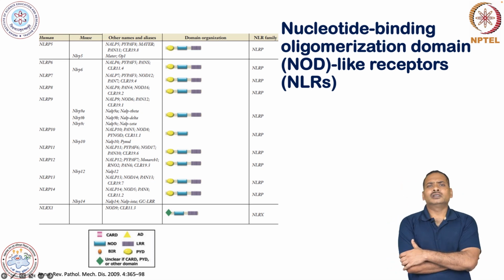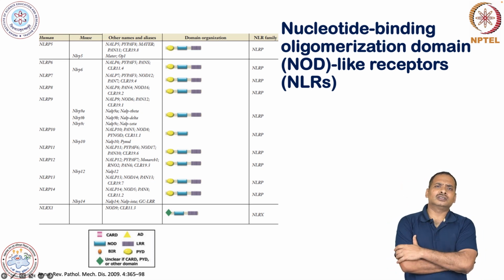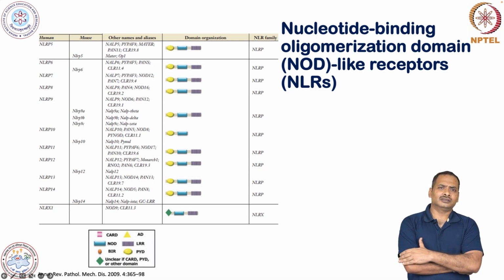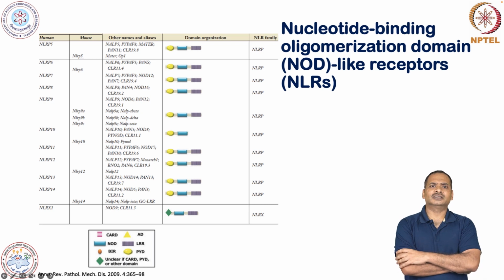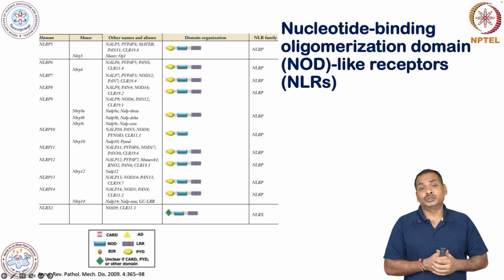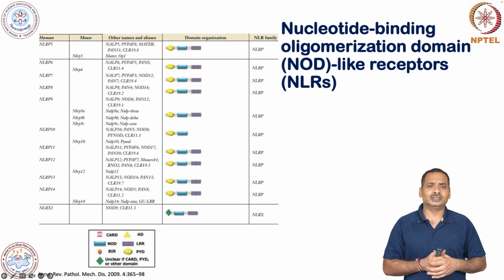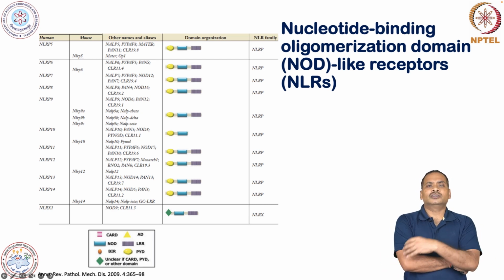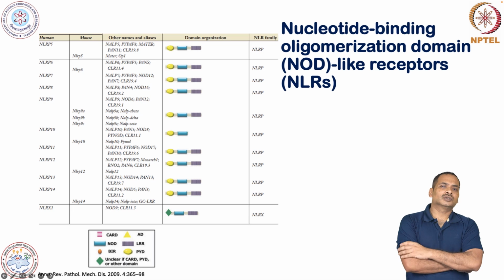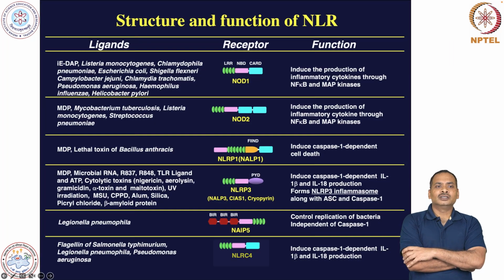Now I will show you what ligands these proteins sense. I will not talk about all proteins. As I told you, not all of these proteins are very well characterized, so I will talk about a few that are quite well characterized.